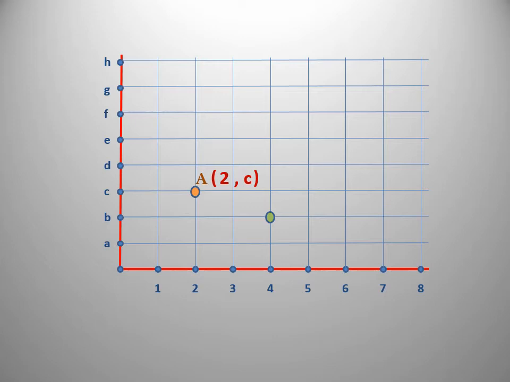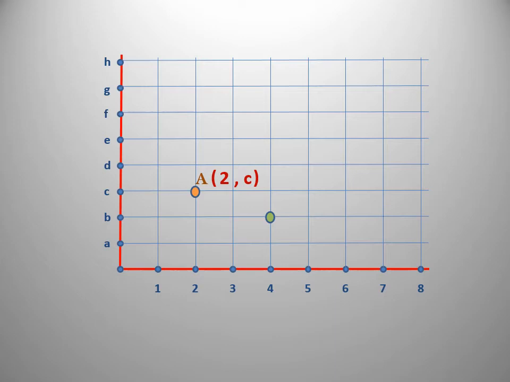We have studied ordered pairs in the junior stage. An ordered pair is a pair of numbers, it means two numbers. The first one, which is 2 here, refers to the horizontal distance, and the vertical distance refers to the second number. And I call them the first projection and the second projection.